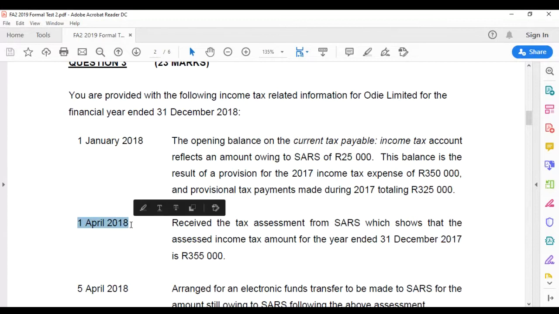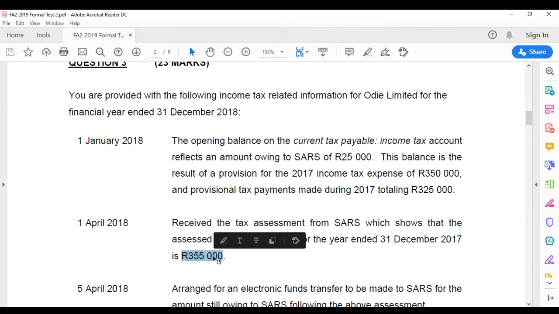Right. So where are we? We are in the 2018 year. We're already on the 1st of April, April Fool's Day of 2018, but this still relates to the year of assessment ended 31st of December 2017. So they say our income tax has been assessed. It should have been 355,000 rands. How much did we provide for as an income tax expense? Type for me.